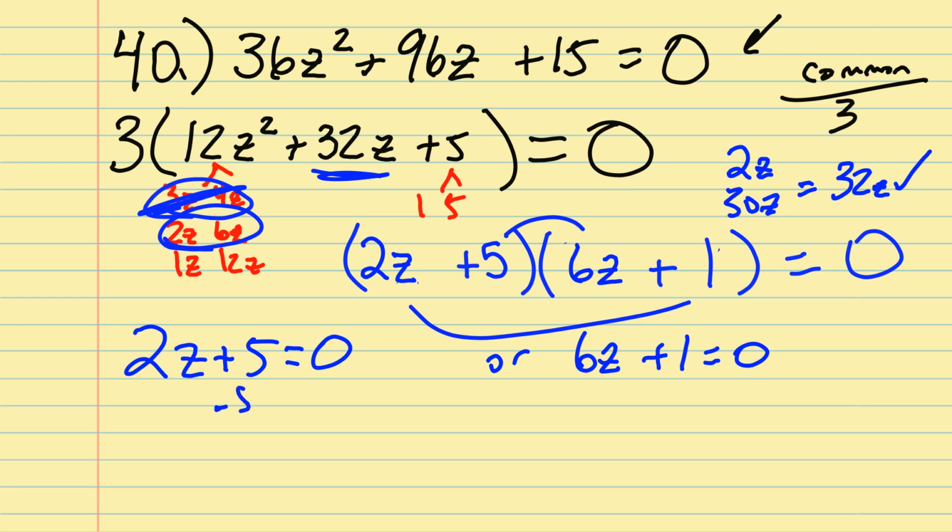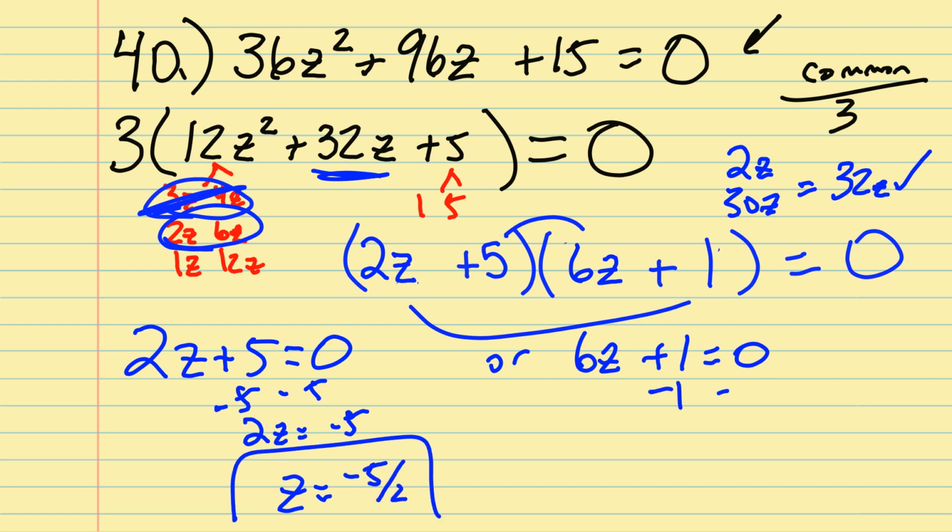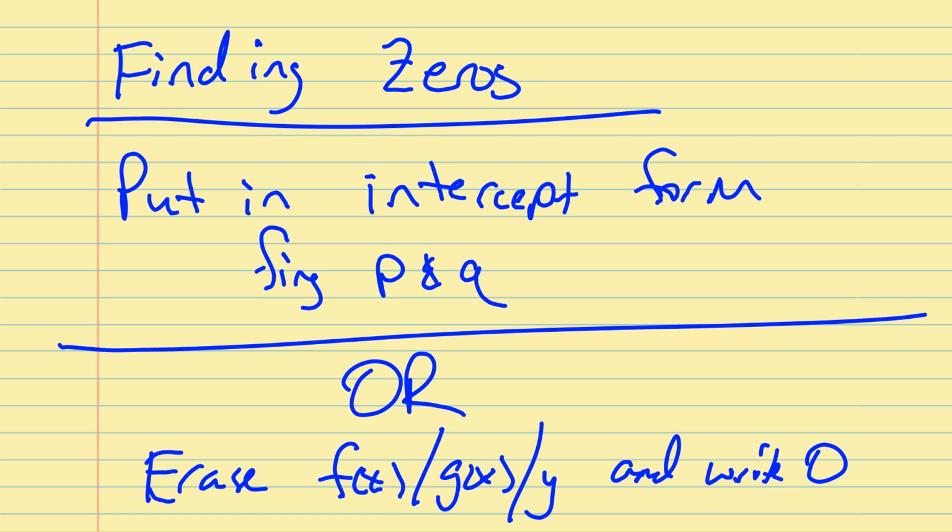I subtract 5 from both sides. I get 2z equals negative 5, so z equals negative 5/2. I subtract 1 from both sides. I get 6z equals negative 1. So z equals, after I divide both sides by 6, negative 1/6. And that's it.